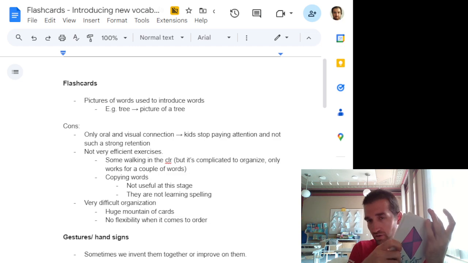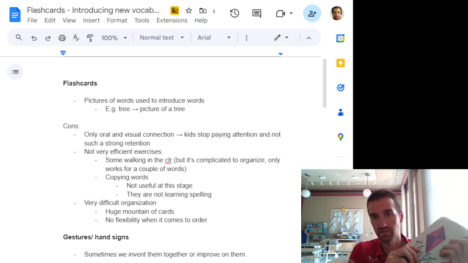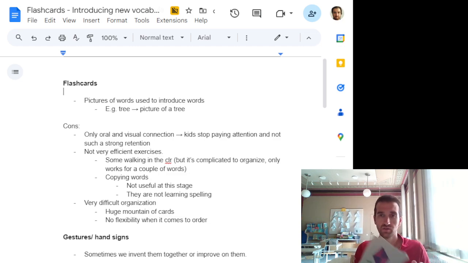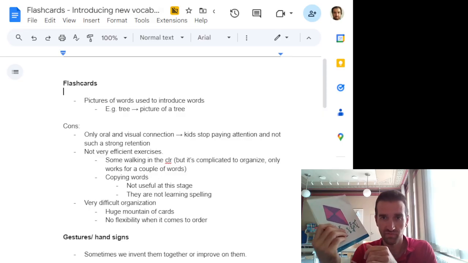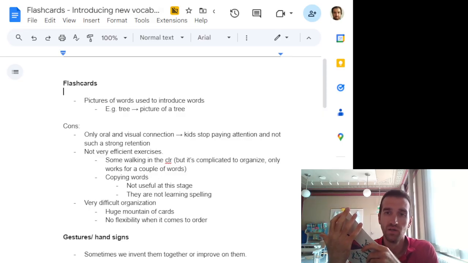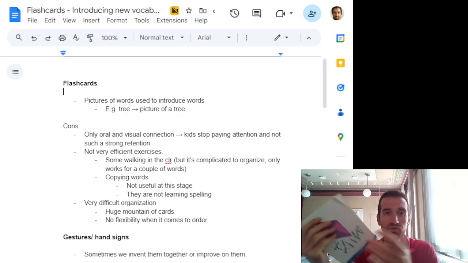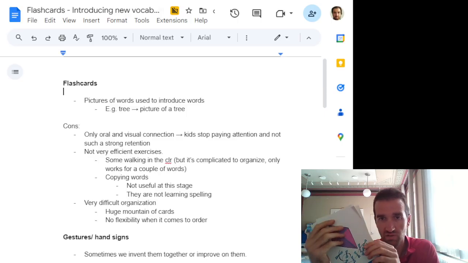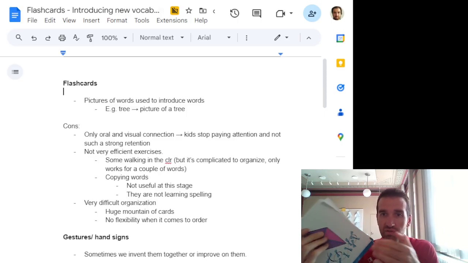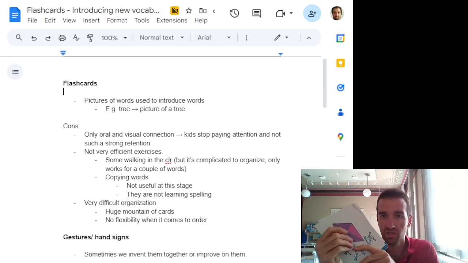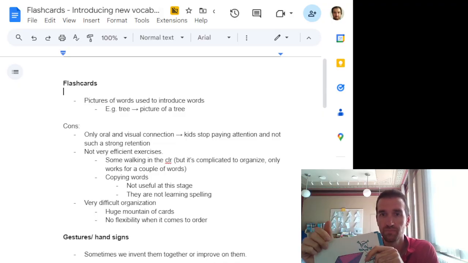One of the exercises in the exercise book explains, you hang those cards all around the classroom, and then for example, you say kite, and they have to find the kite. It's an okay exercise. There's nothing wrong with it. There's movement. It gets a little bit more interesting. It's definitely okay.